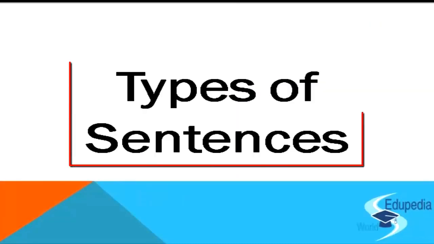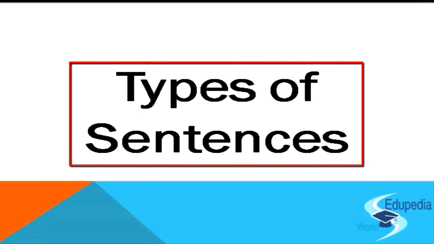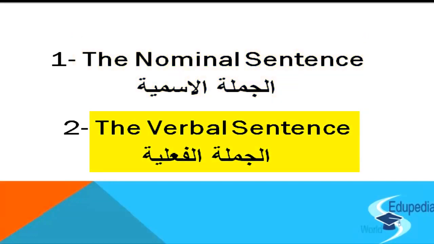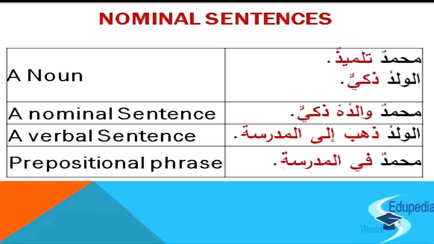Last lesson we mentioned that in Arabic there are two types of sentences: the nominal sentence الجملة الاسمية and the verbal sentence الجملة الفعلية. We learned about the nominal sentence and said that it starts with a noun or pronoun.